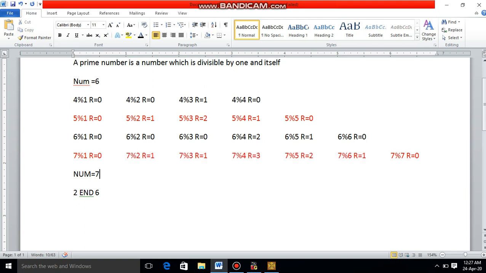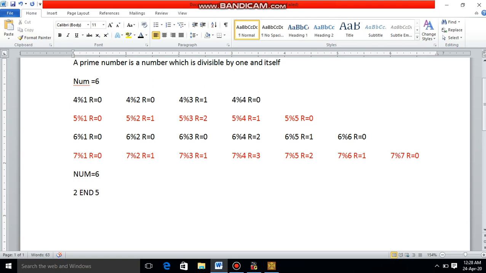In case of 6, what happens? I am going to start with 2 and end up with 5. The similar thing has to happen; then only we can say it is a prime number. But here it is reciprocal. When I divide this number by 2, I get a remainder 0. When I divide by 3, it gives a remainder 0. When I divide by 4, it gives me a remainder 1.